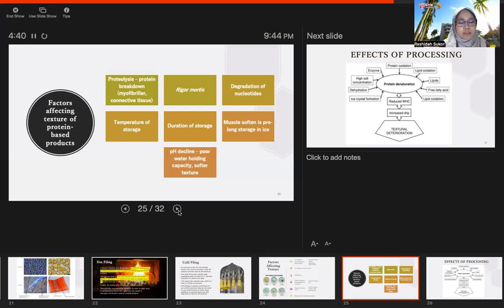So when there are factors that break the protein, proteolysis will occur, for example enzymes and heat. Those will break down the structural components of the muscle or the animals and plants, so it will affect the texture.